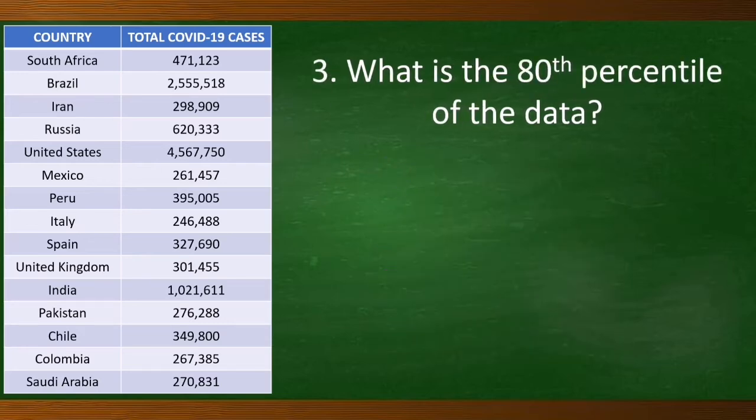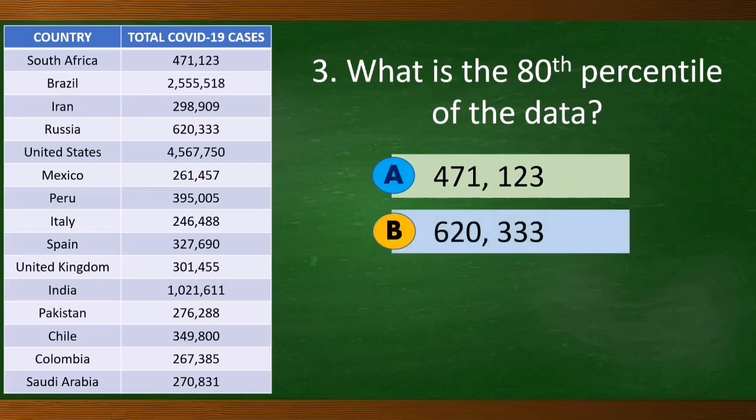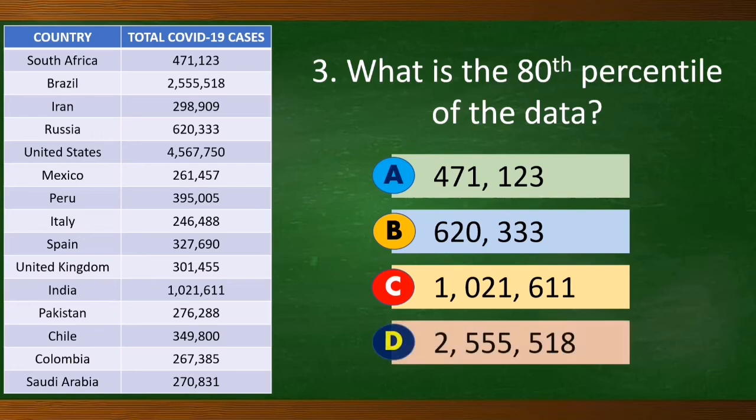Item number 3. What is the 80th percentile of the data? A. 471,123. B. 620,333. C. 1,021,611.